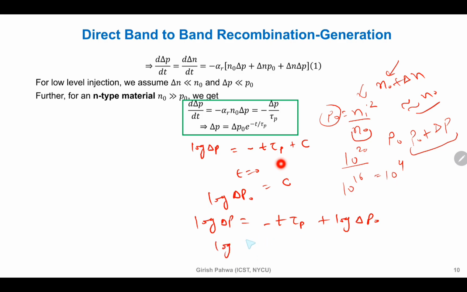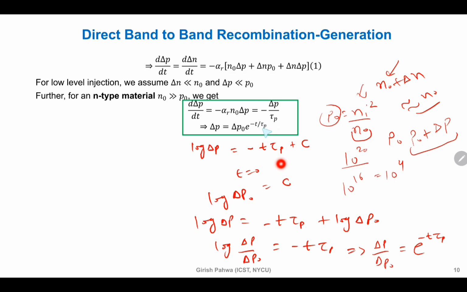Take it on the left side, so this will be log of delta P by delta P naught equal to minus t by tau P. Take the exponential on both sides, so the log will be gone. Delta P by delta P naught will be equal to e to the power minus t by tau P. So that's what you get here.